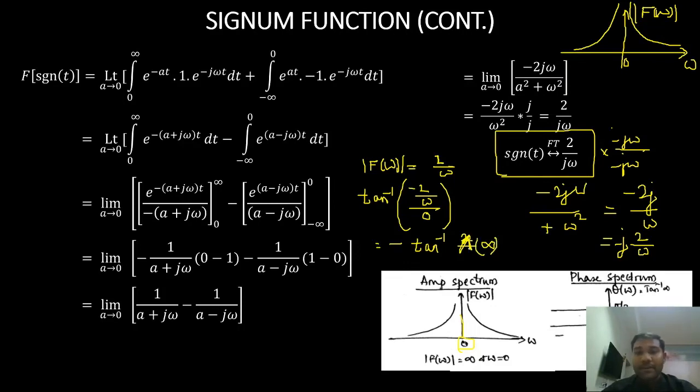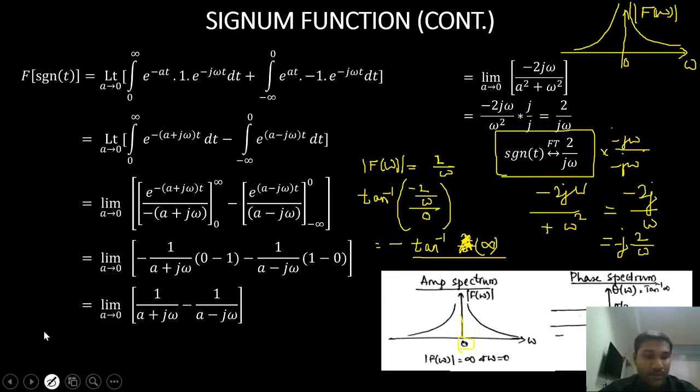Minus tan inverse of infinity. It is undefined, right? It is infinity. Minus tan inverse of infinity. When omega is positive, what happens?